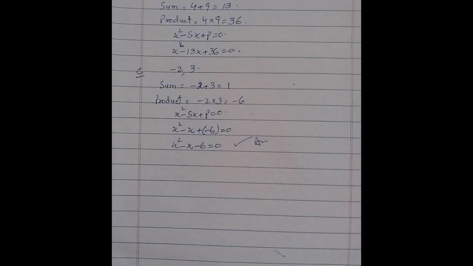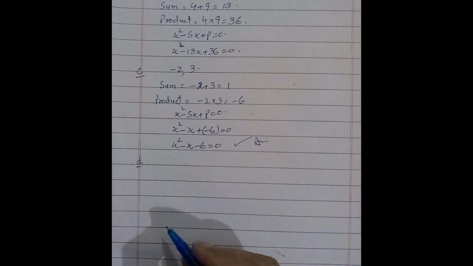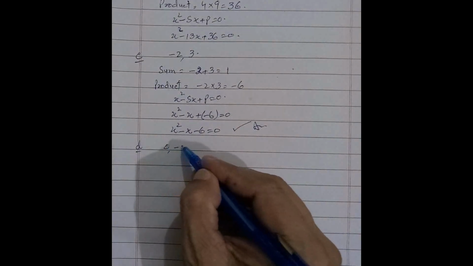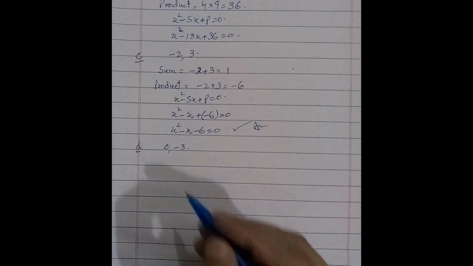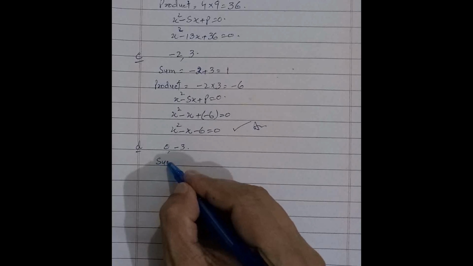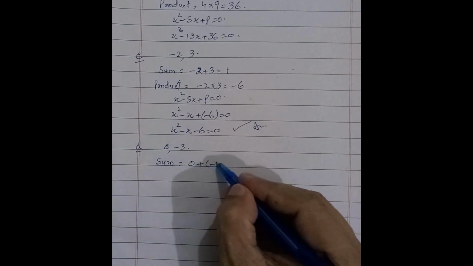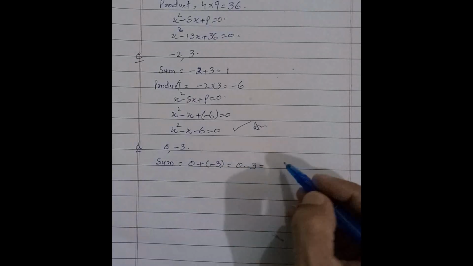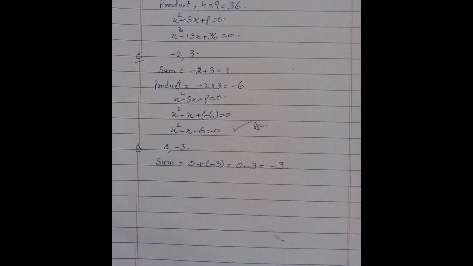It is the answer. And the next is D part, in which the roots are 0 and minus 3. First we find the sum, which is equal to 0 plus minus 3, is equal to 0 minus 3, which is equal to minus 3.